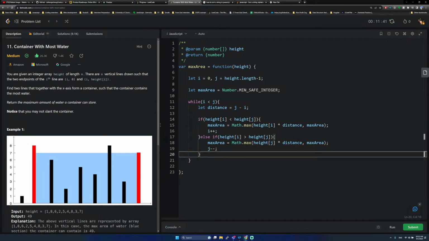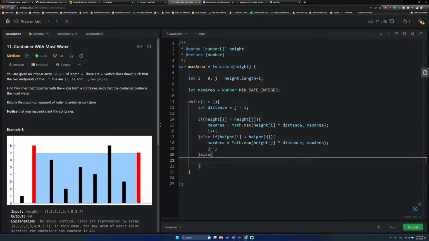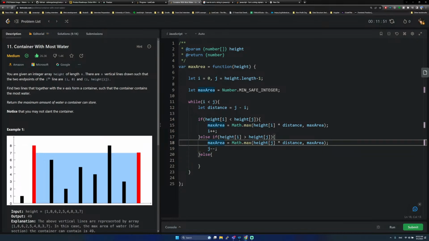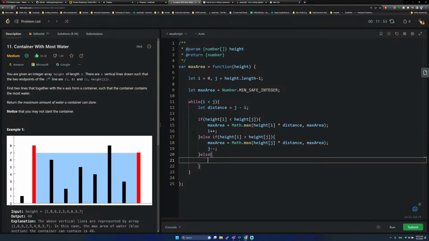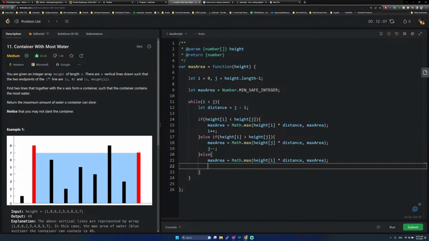Else if they are both equal, then we can increment or decrement either of them. So let's say we do the distance and then i plus plus.